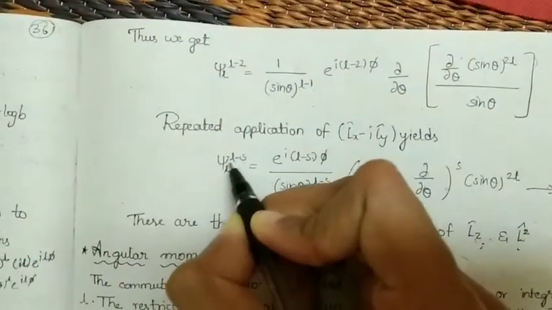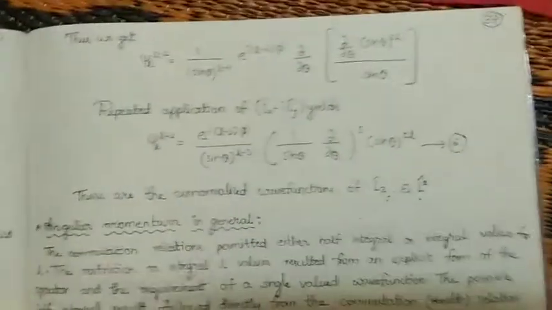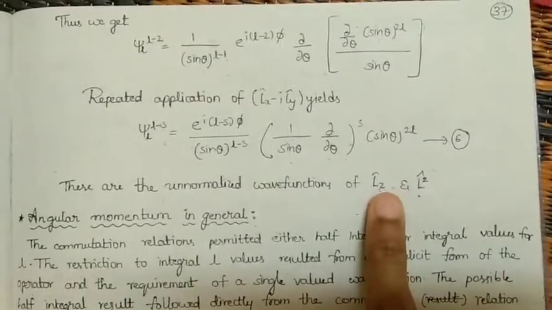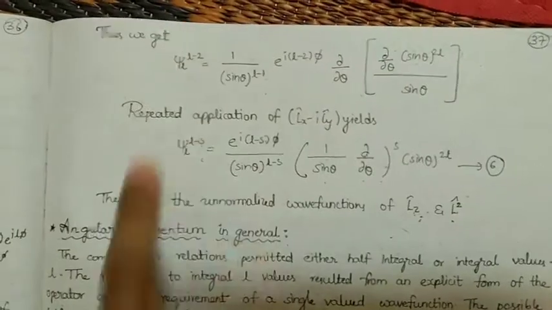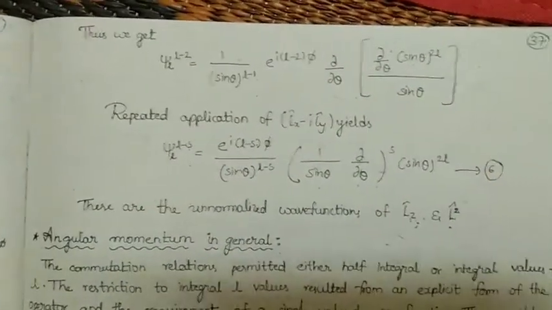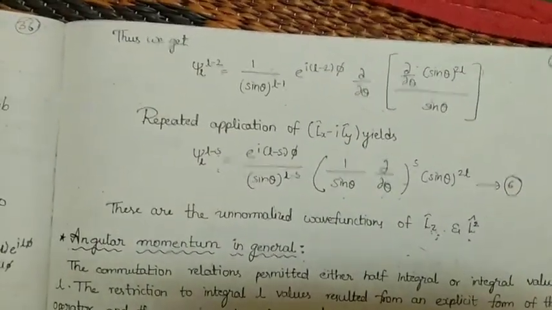So these are all the wave functions for the same value of L but different values of M, and the eigenvalue of Lz is M h cut. So this is the required wave function we needed to derive. So thank you.